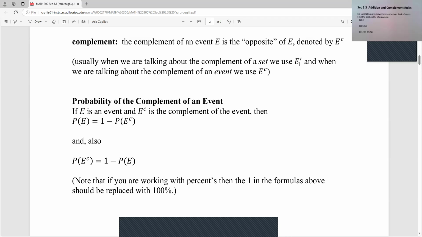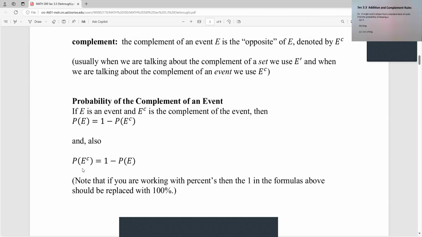It turns out when we are talking about the complement of a set, we normally use the notation with the apostrophe, but when we are talking about the complement of an event, we normally use the notation with the little C. I'm going to try to use the proper notation right now. So that means the complement of an event E, or opposite of event E. And the formula goes like this: the probability of event E is equal to 1 minus the probability of its complement.